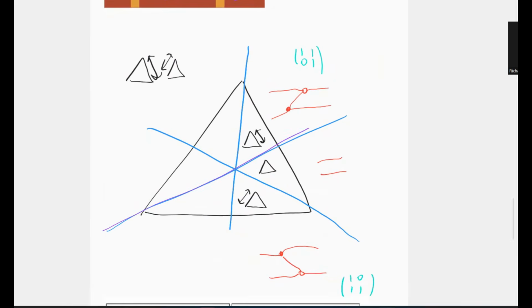This mirror corresponds to this symmetry here, and this mirror corresponds to this symmetry here, and we're talking about finding the different 6 symmetries of the equilateral triangle.